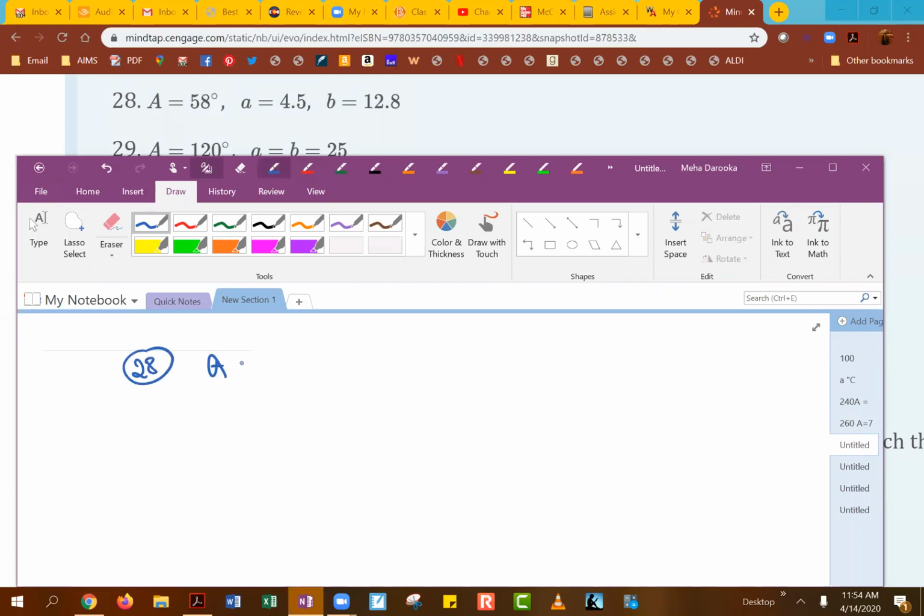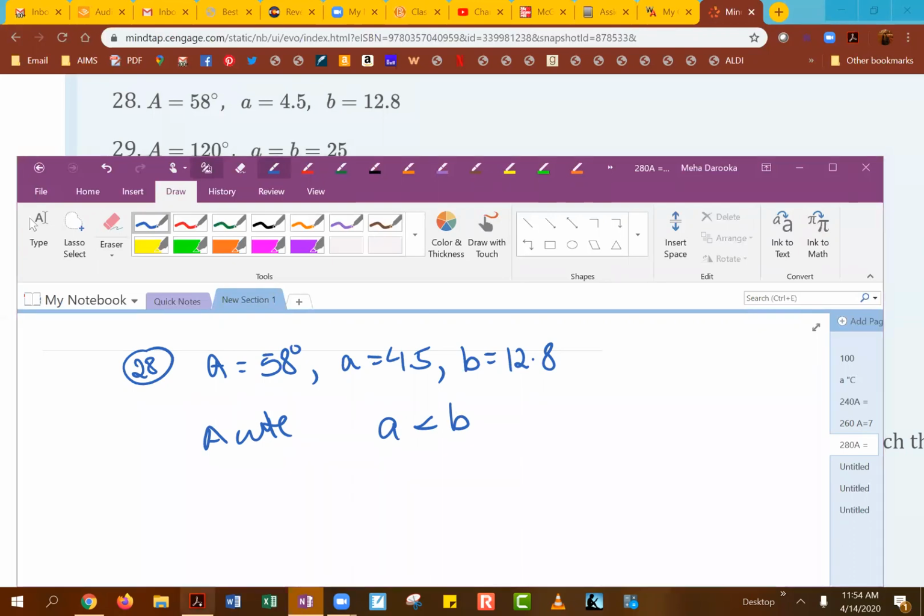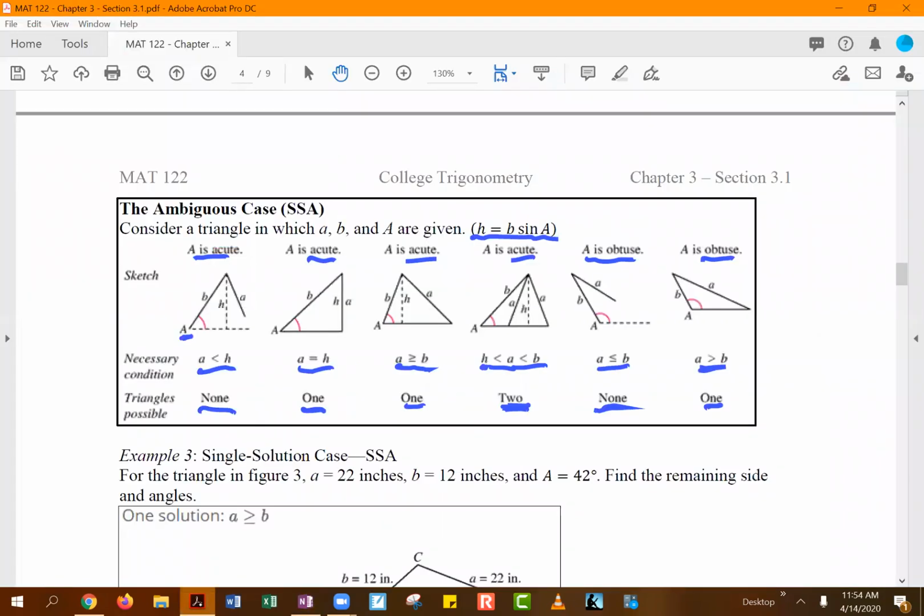So of course, this is again, angle A is acute. And side A is smaller than side B. Okay, so in acute angle, there's really nothing about A being smaller than B per se.